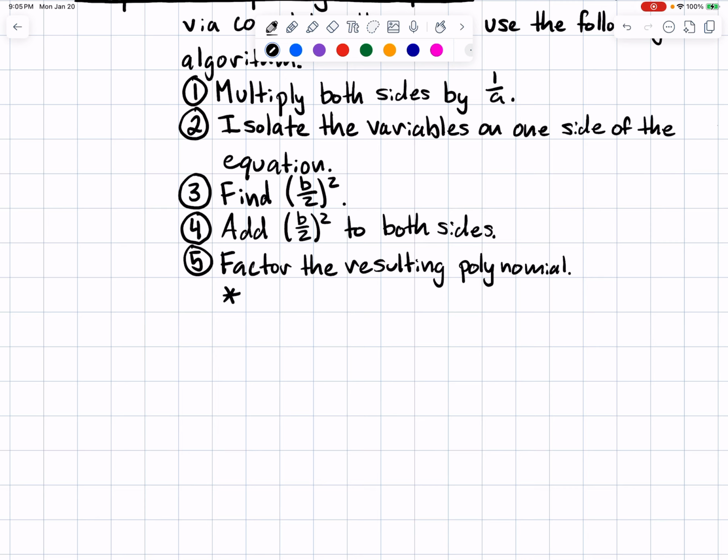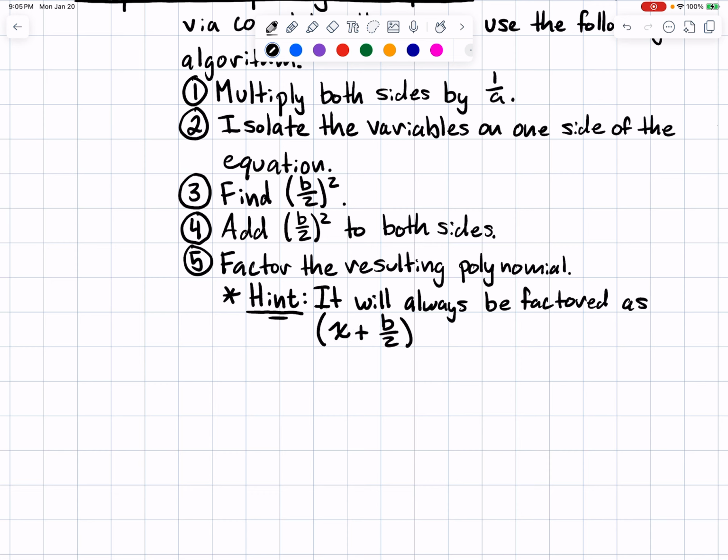Hint: it will always be factored as the quantity x plus b over 2 squared.